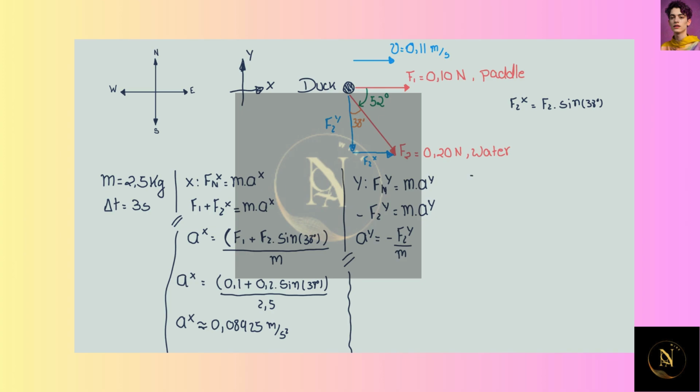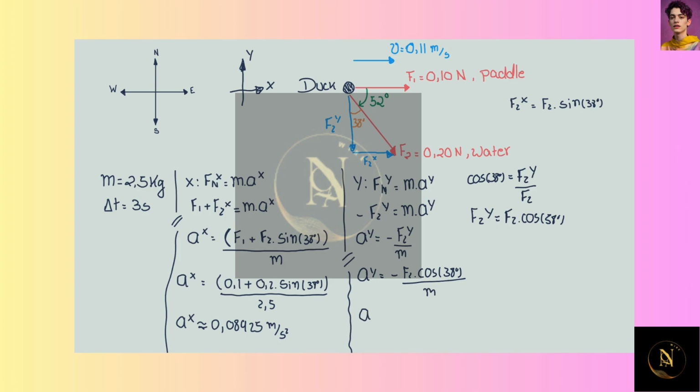So the cosine of 38 degrees is given by the adjacent side, F2 component y, divided by the magnitude F2, which is equivalent to the hypotenuse of the triangle. Then F2 component y is equal to F2 times the cosine of 38 degrees. So the y acceleration is minus F2 times the cosine of 38 degrees divided by the mass of the duck.